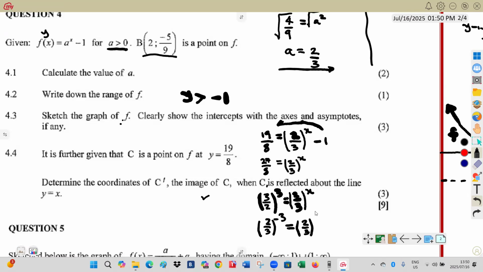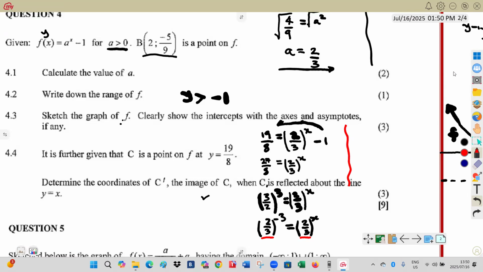must be equal to 2 over 3 to the power x. So since in this case our bases are the same, it therefore means our powers are equal.